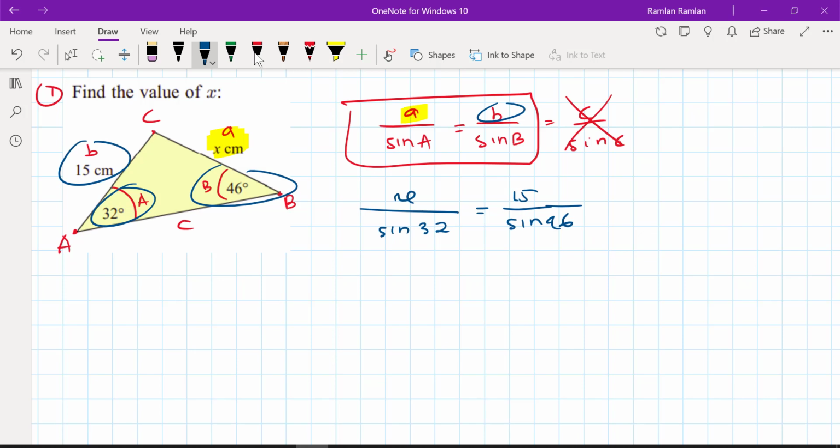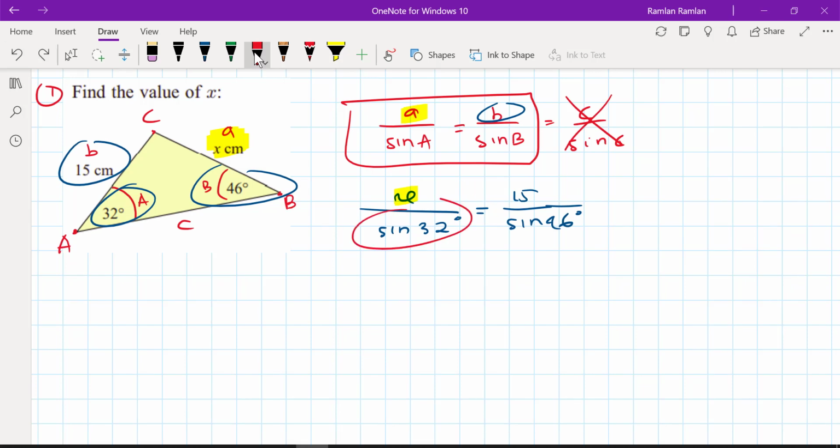Okay, so to find the value of x, you only need to solve this equation. Remember that whenever you want to solve any algebraic equation, the goal is to make the variable alone on one side of the equal sign. Here, the variable that we want to know is the value of x, and it's on the left side of the equal sign, but it's not alone.